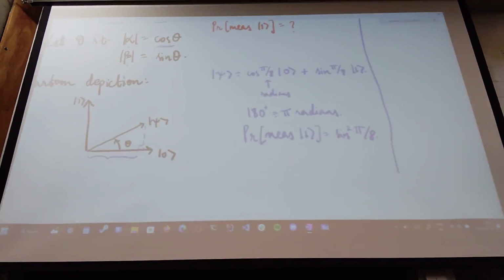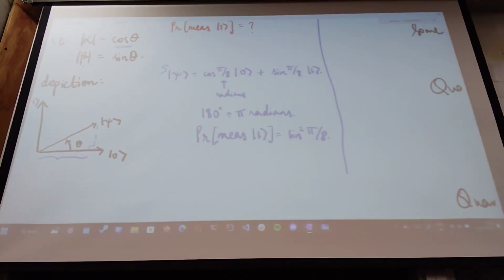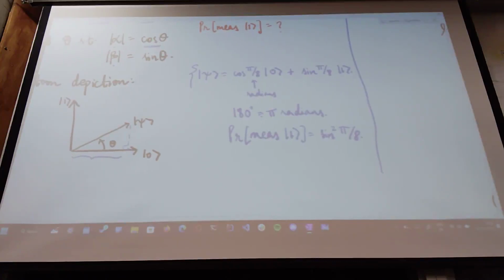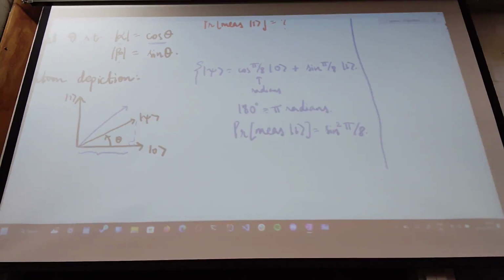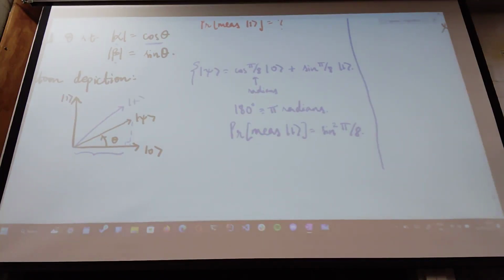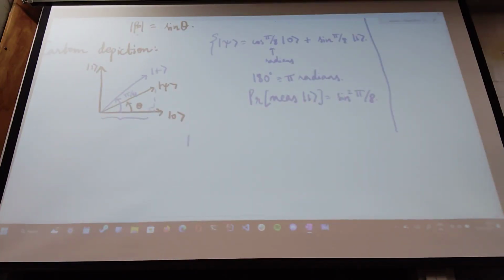So, for example, consider this theta once again, but instead consider the plus minus basis. As a reminder, the plus minus basis, you can express it as follows. Here, this angle would be pi by 4, because if you remember, plus was 1 over square root 2, 0, plus 1 over square root 2, 1.